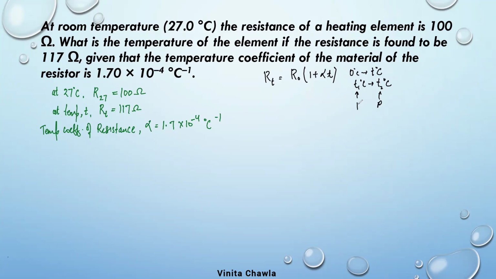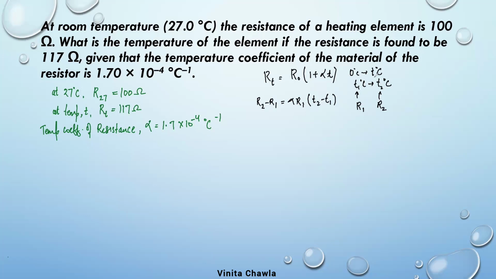We write R2 minus R1 as alpha R1 times T2 minus T1. This is how we write if different temperatures are given, and at different temperatures we have different values of resistance.